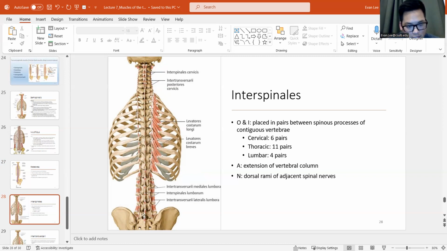So this is a continuous line going up the spinous processes where you can see these small muscles in between from any given spinous process to the next. You have 6 in the cervical region, 11 in the thoracic, and 4 in the lumbar. And these all help with extending the vertebral column.